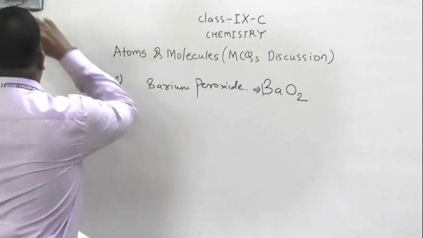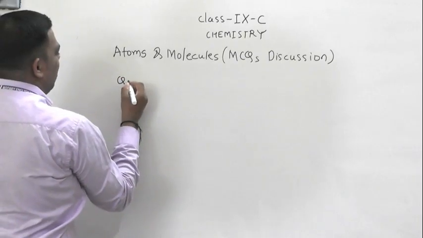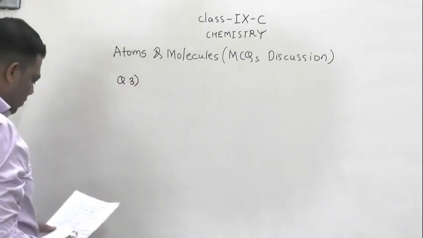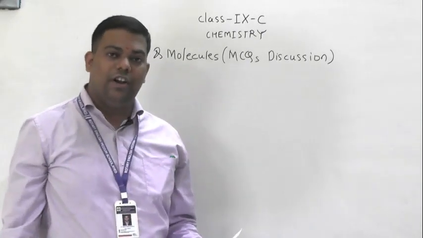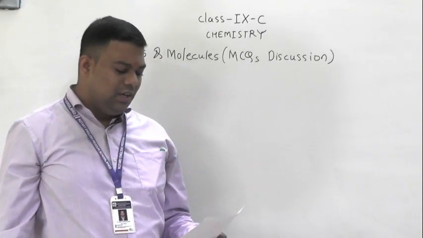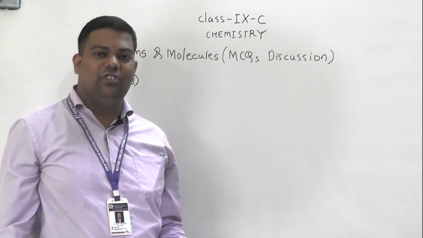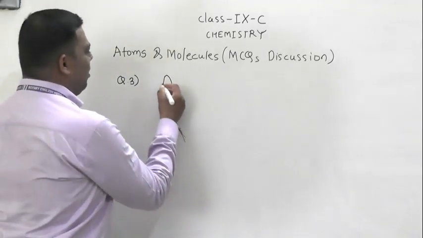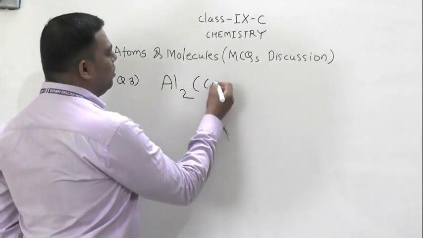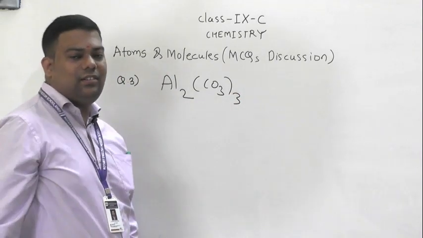Now see, question number 3 we will discuss here. Find the percentage of carbon in aluminum carbonate. They already give the aluminum carbonate formula. So aluminum carbonate is Al2(CO3)3.